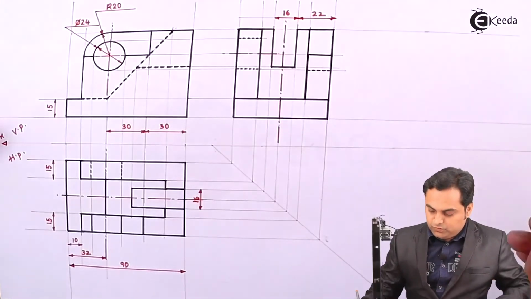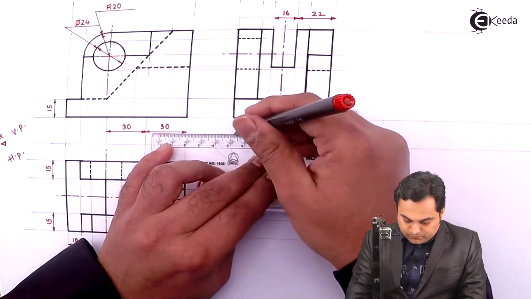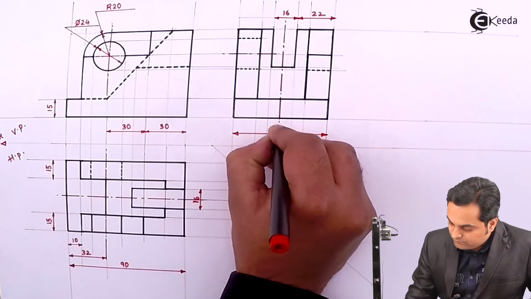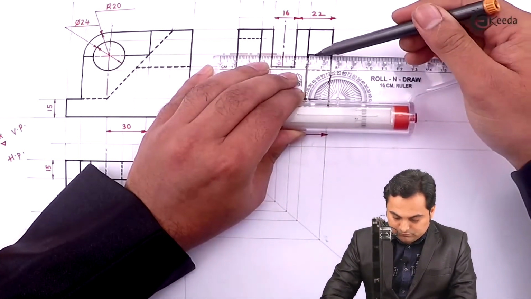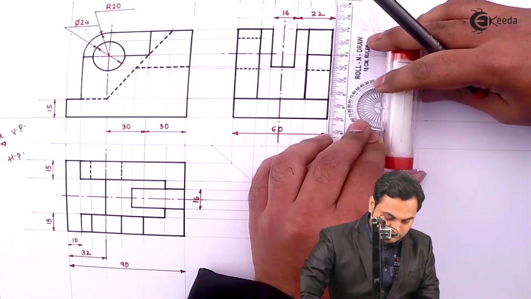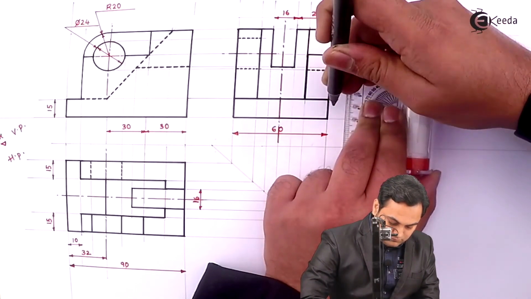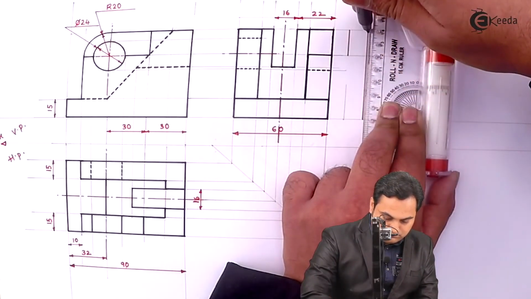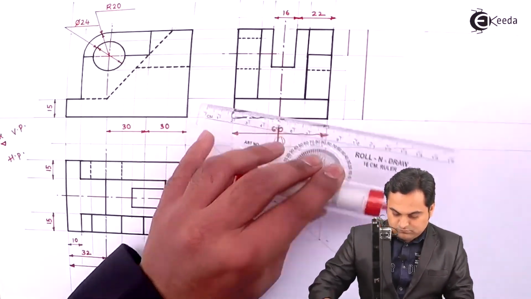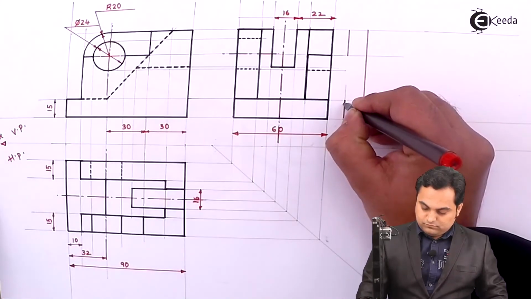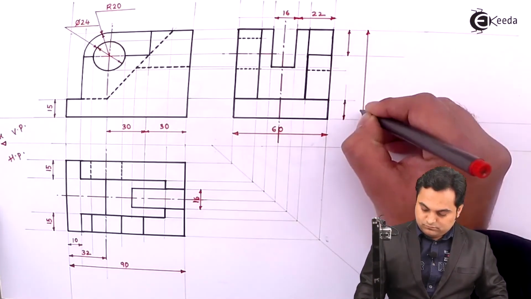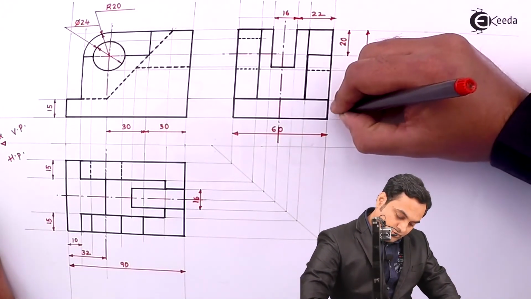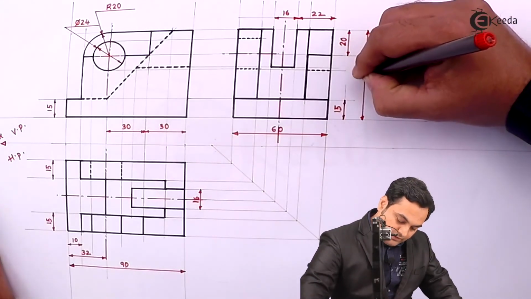Here the width is 22. The total width is 60 mm. This height is 20 of the block. Here this is 15, and the total height is 70 mm.